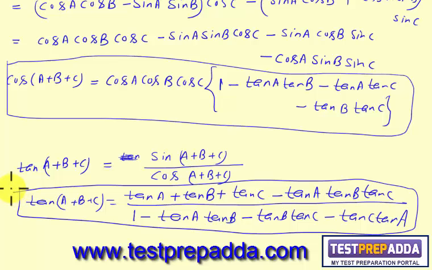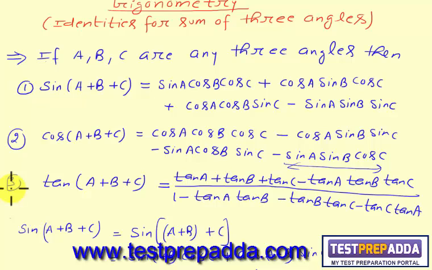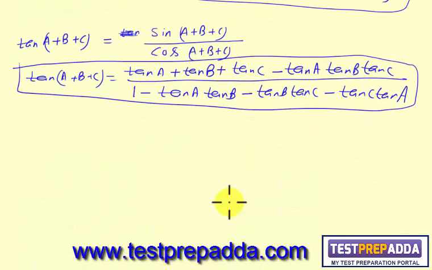Now if we go back and check the tan A plus B plus C identity, it is the same. Okay, so we proved it. Now one interesting point here is tan A plus tan B plus tan C. It is the summation of one term only, tan A, one angle only.